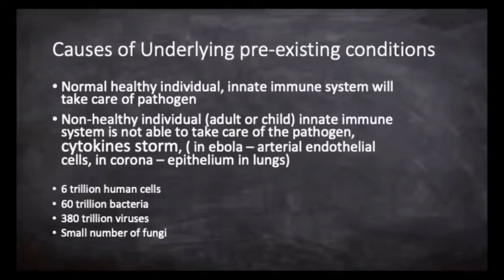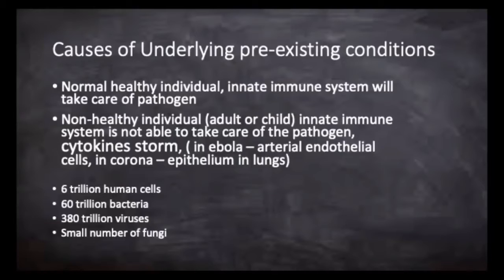They go settle all different places. Now, in the case of Ebola, these essentially go into the arterial endothelial, which is in your arteries, in your heart cells, in your endothelium. This is why you start bleeding, basically bleeding from inside. And that occurs because your own cytokines go over to those arterial endothelial cells and start killing them.